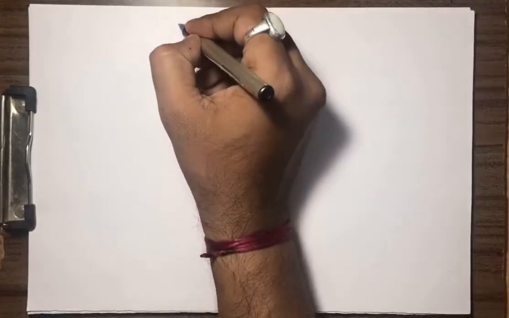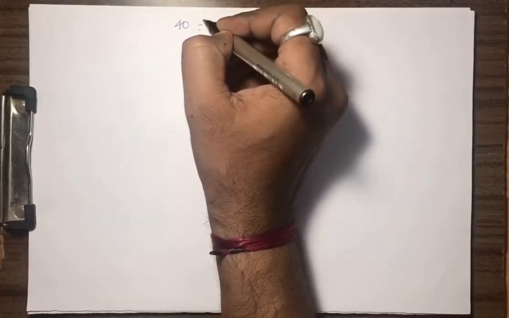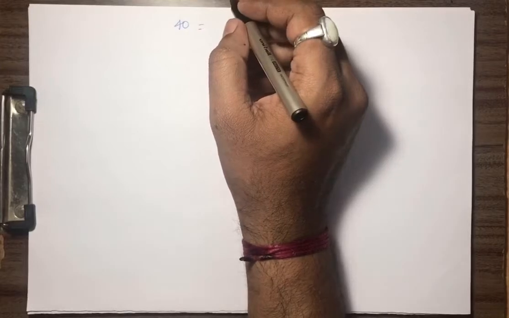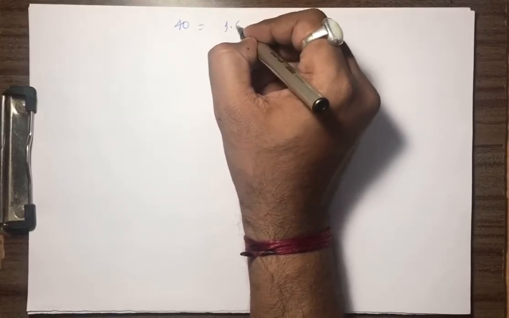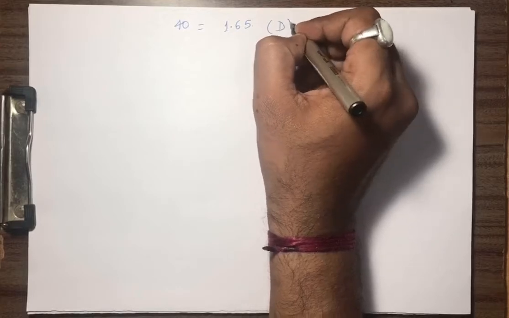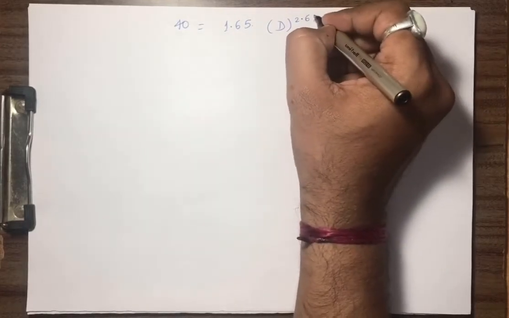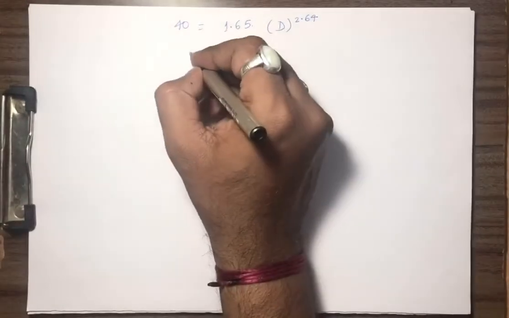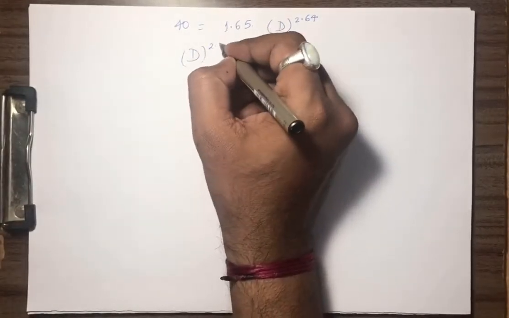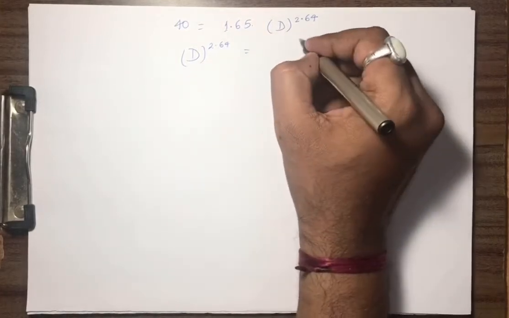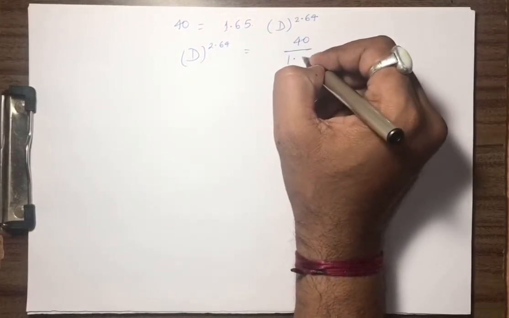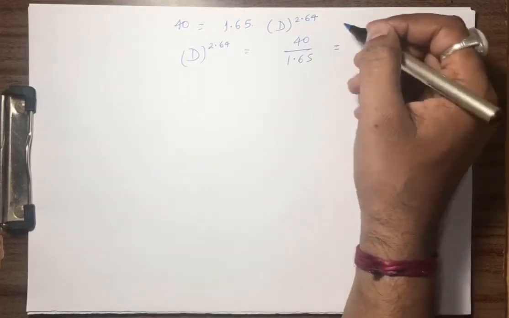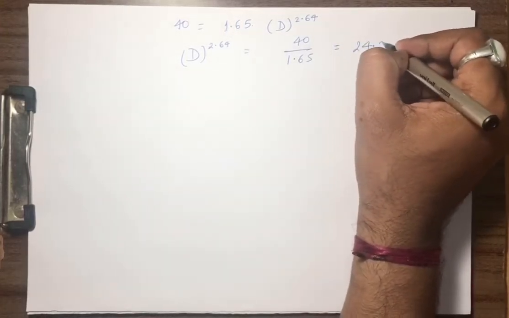So this is very simple, no complications are there. So 40 is equal to 1.65 D raised to power 2.64. Okay, so D raised to power 2.64 will be 40 divided by 1.65. It is coming out to be 24.2.